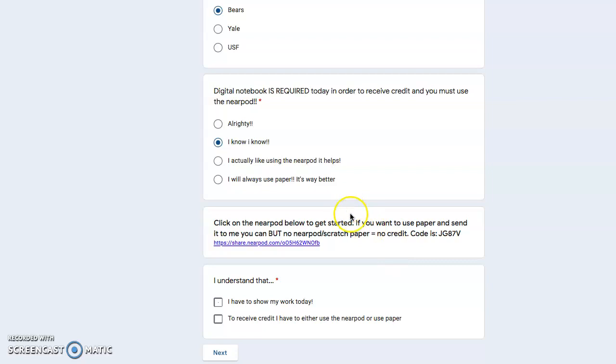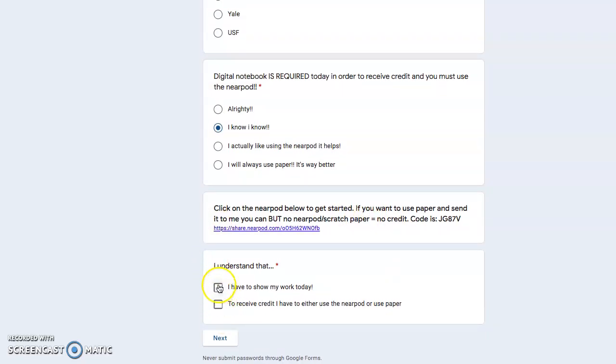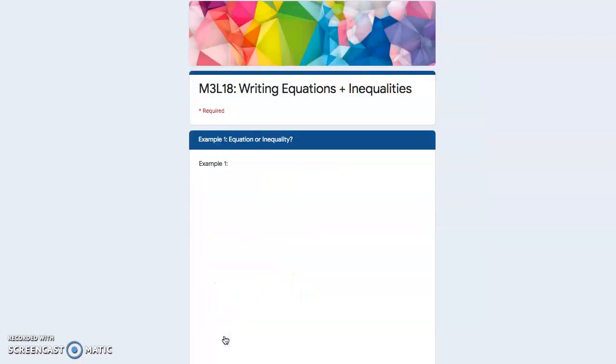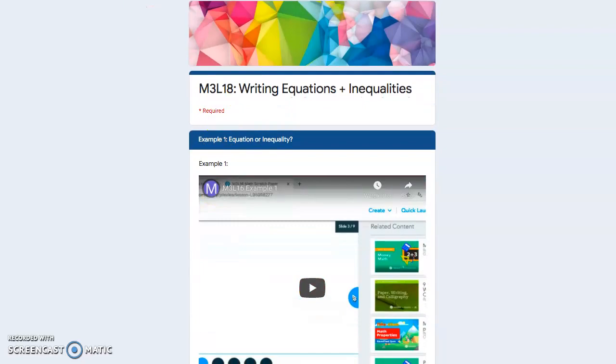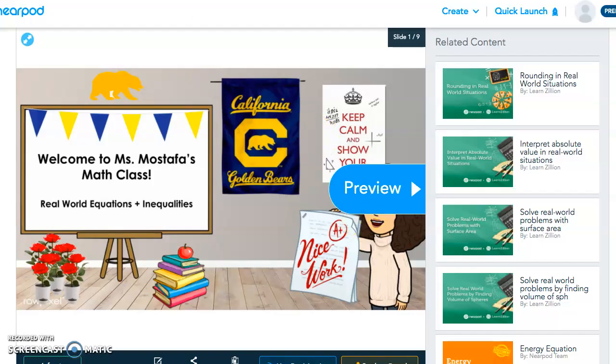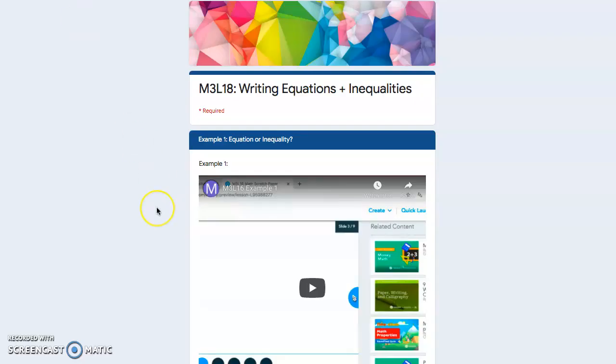If I don't get anything from you, I'm not counting it. So, you understand that you have to show your work today, and to receive credit, you have to either use the Nearpod or paper. Great. We are going to move on. At this point, what you should have is the Nearpod on one side and your Google form on the other.